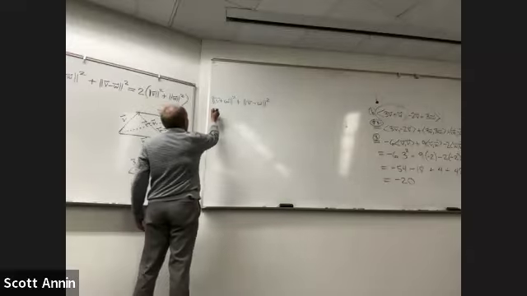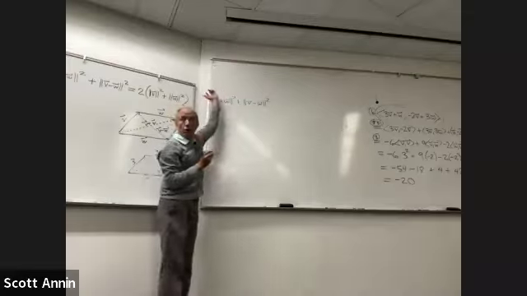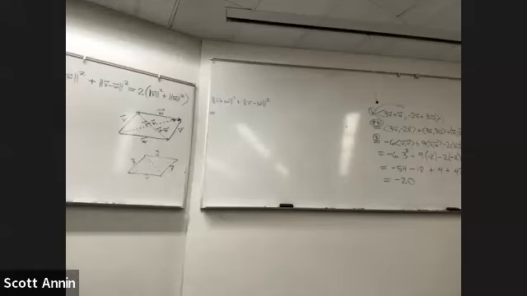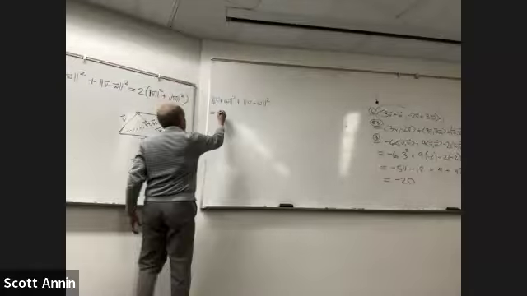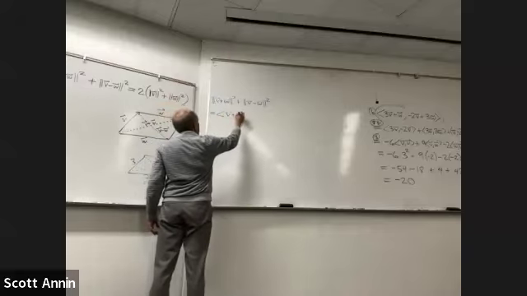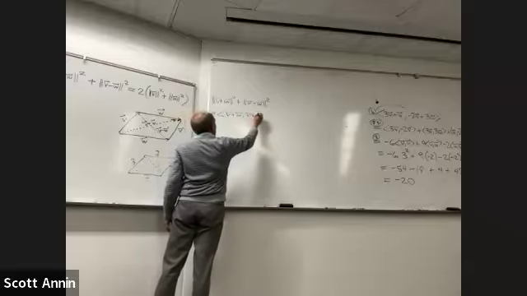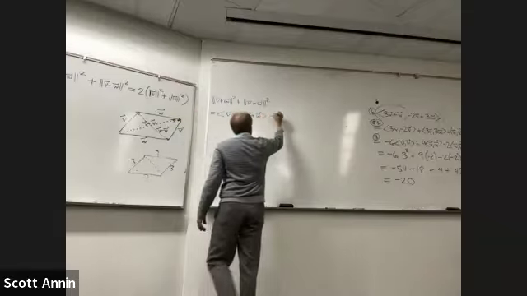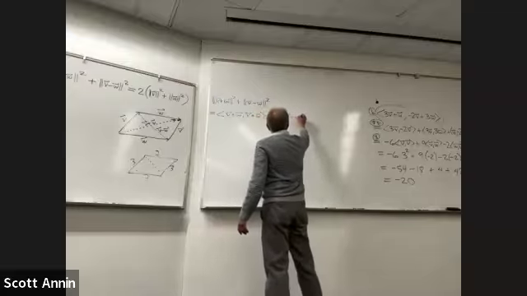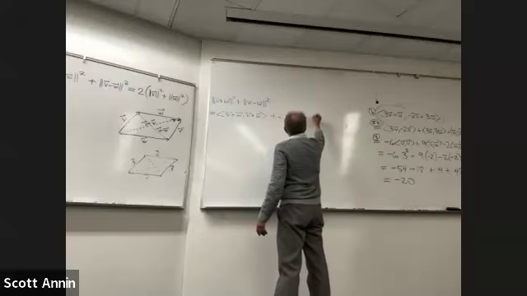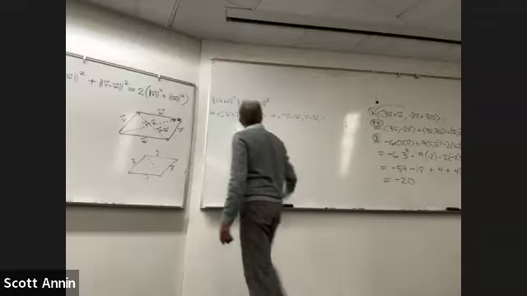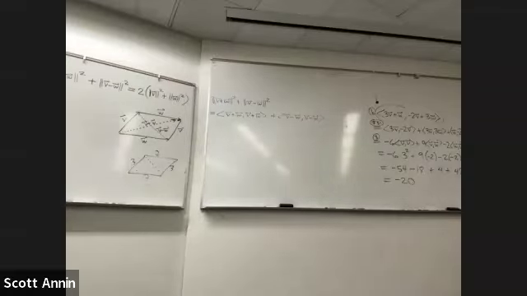So when I square the norm of something, it's literally just taking the inner product of that vector with itself. So in this case, it's going to look like the inner product of v plus w with itself. And then added to that, the inner product of v minus w with itself. So we end up with that.